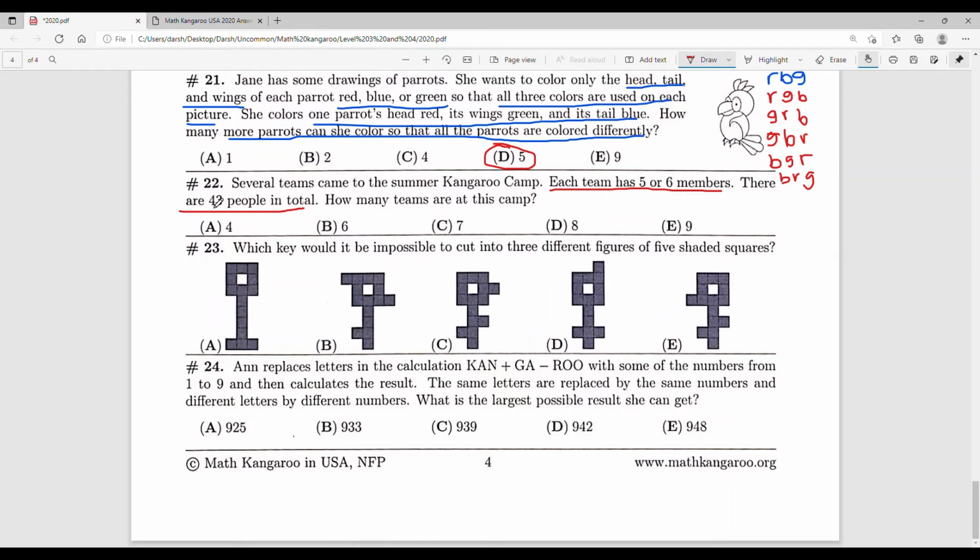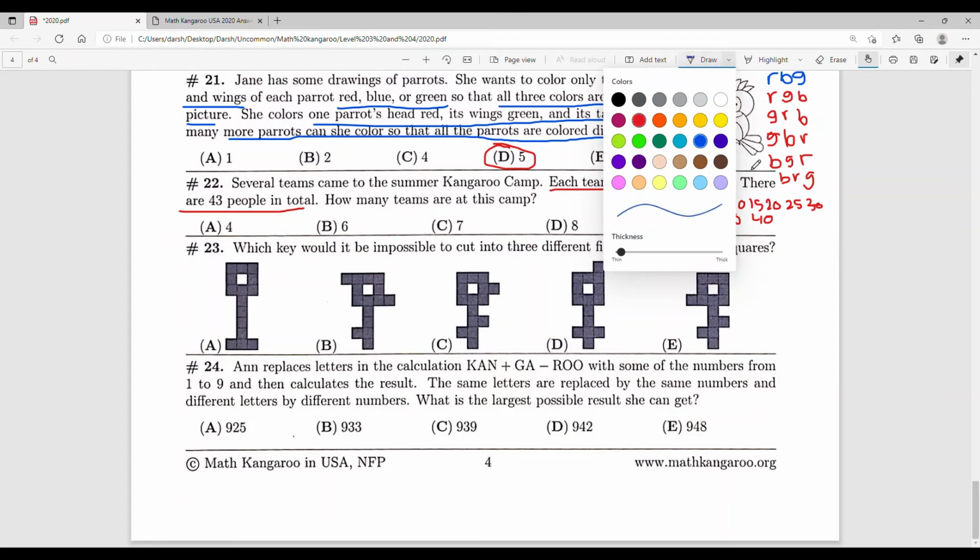So we're going to stop when we reach more than 40. I'm going to list multiples of 5 first. So these are all the possibilities for the multiples of 5.